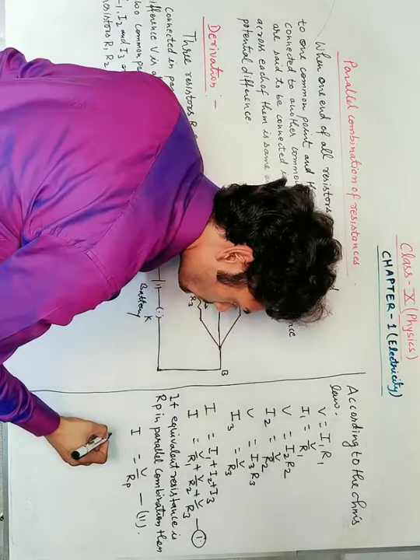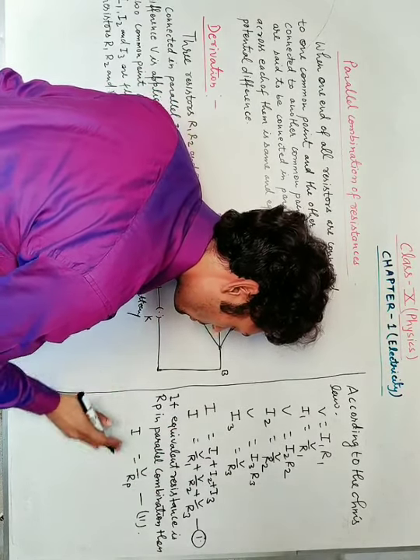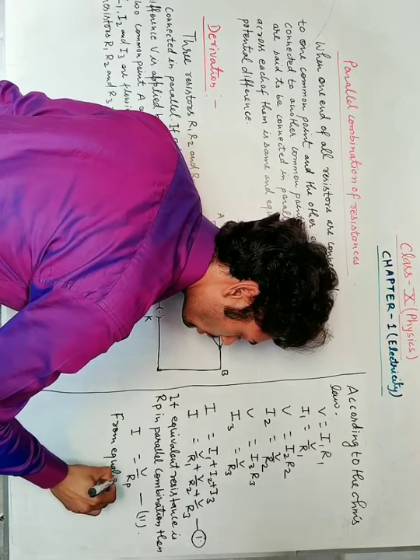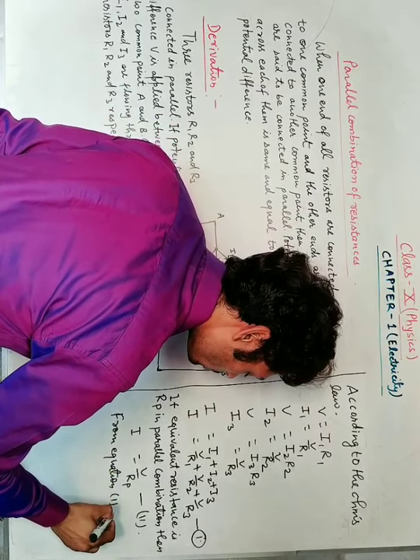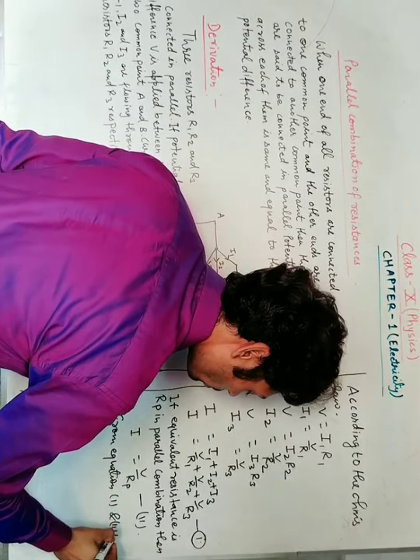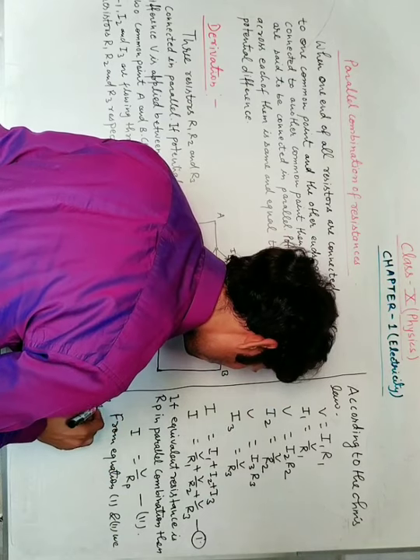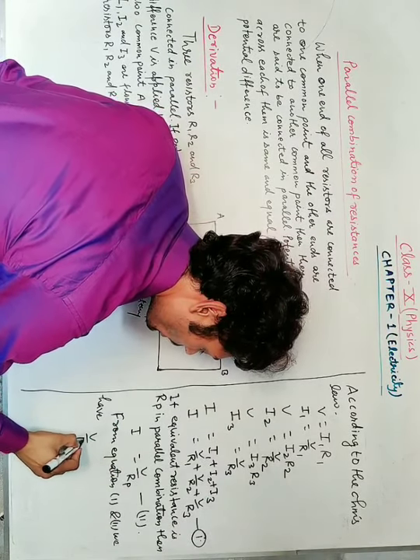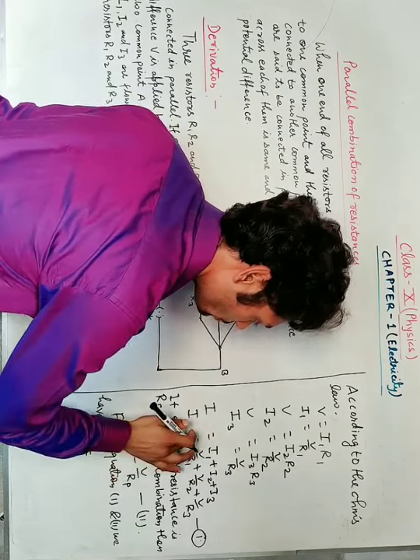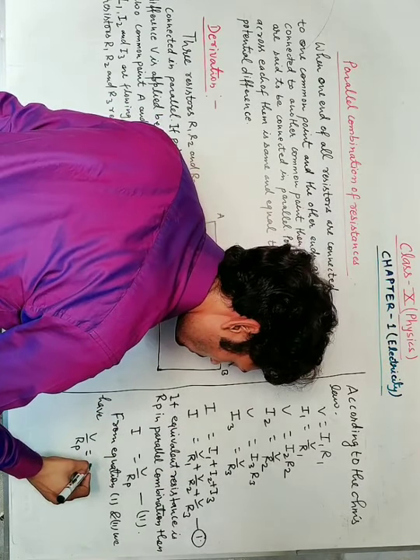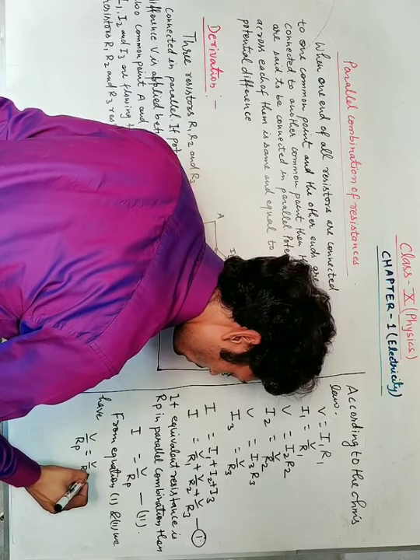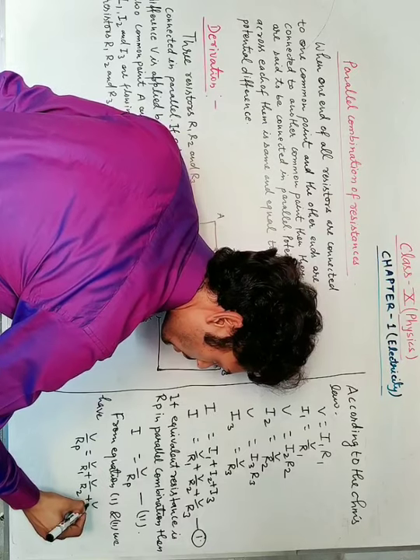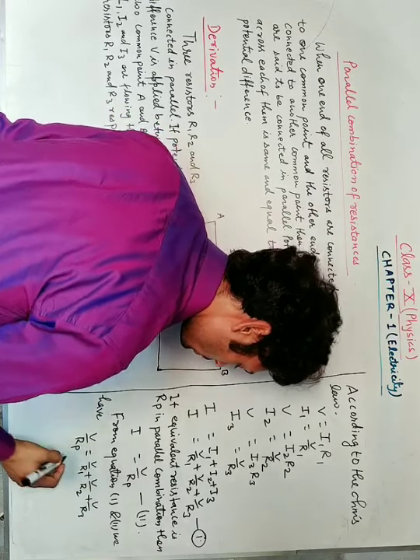Then V by Rp equals V by R1 plus V by R2 plus V by R3.